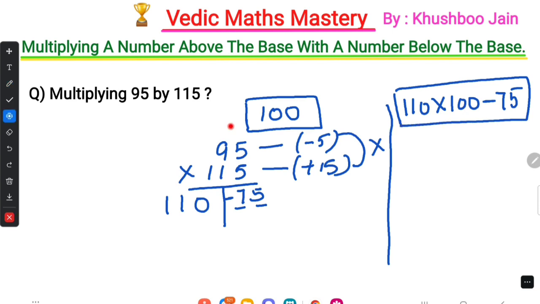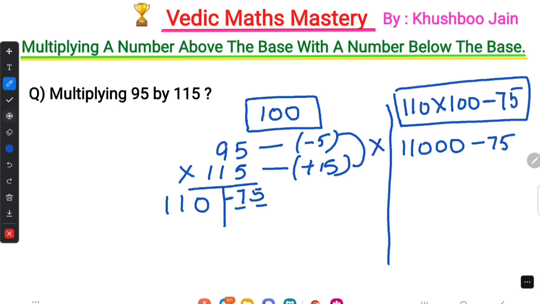We have to add this step also in this technique. Otherwise, the same steps we have already followed in the last-to-last trick. So 110 into this, we have to put three zeros like this, and 11 minus 75.